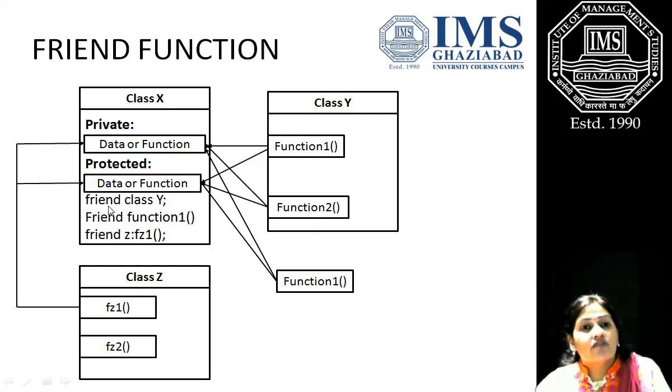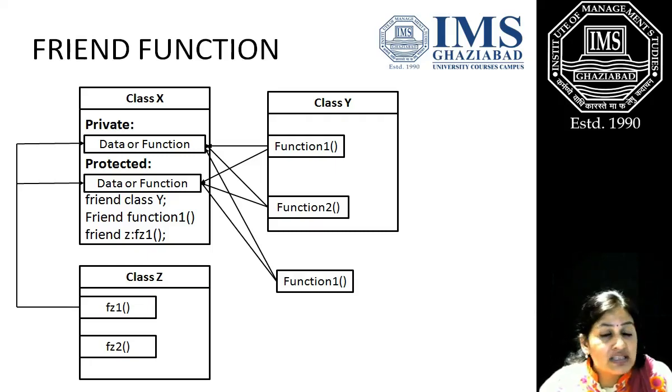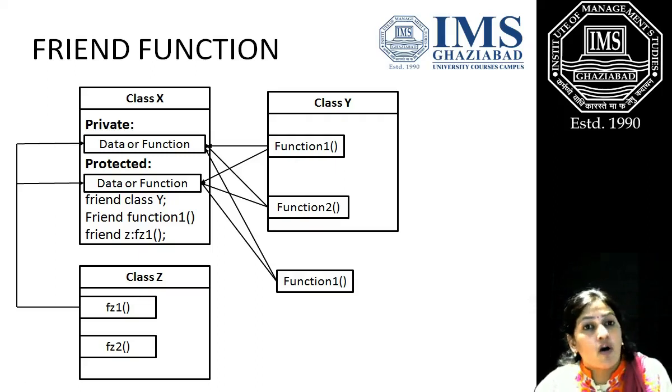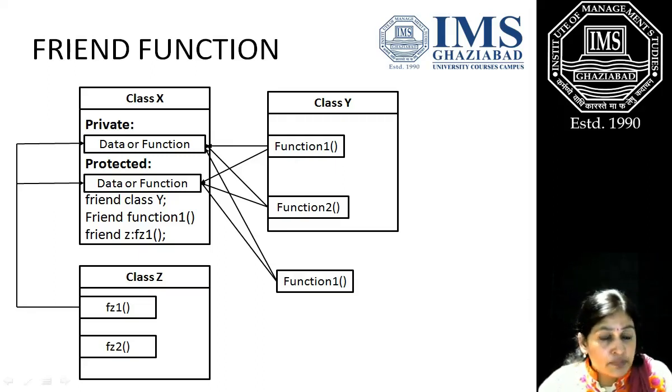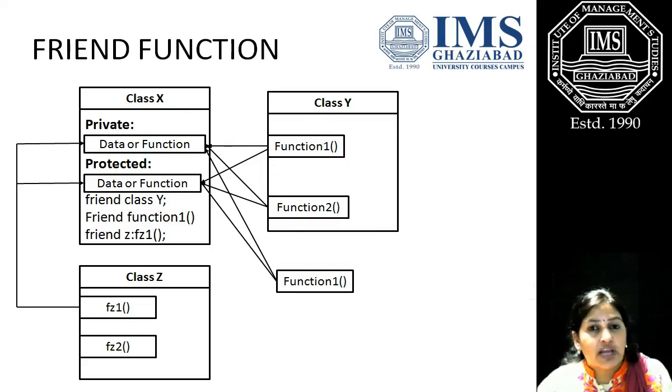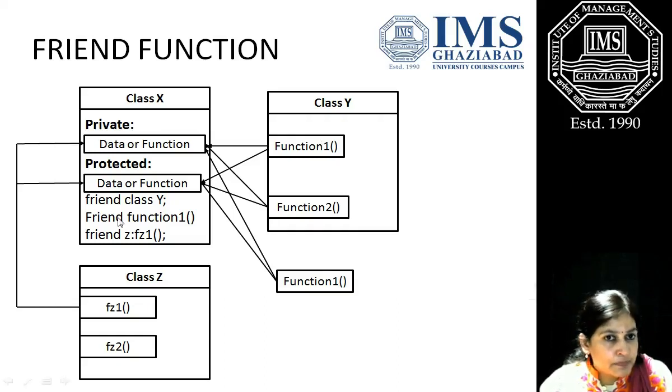If a class is a friend of another class, that means all the functions of that class can access the private and protected data of that particular class. Now here, class Y is a friend of class X. That means all the functions of class Y can access the private and protected data of class X.